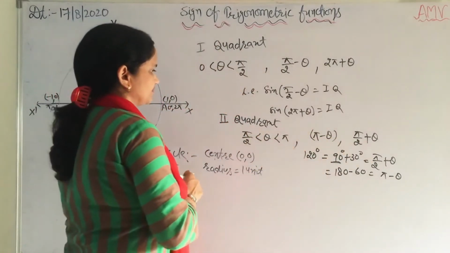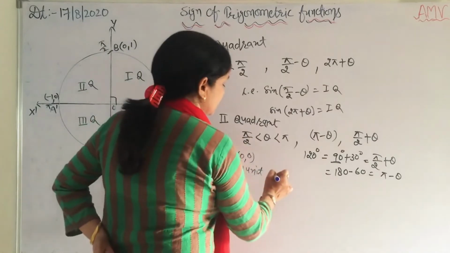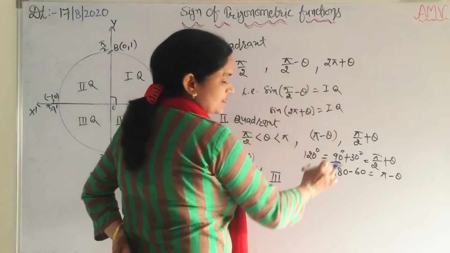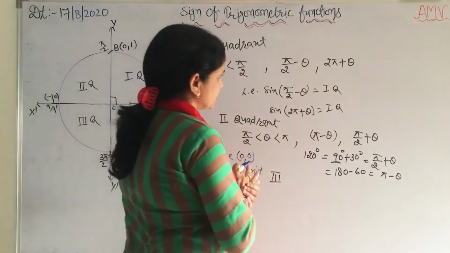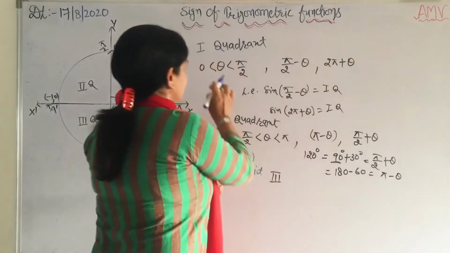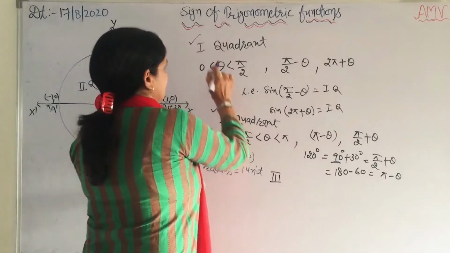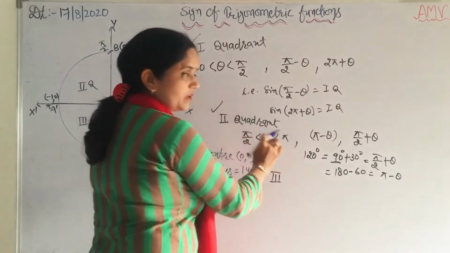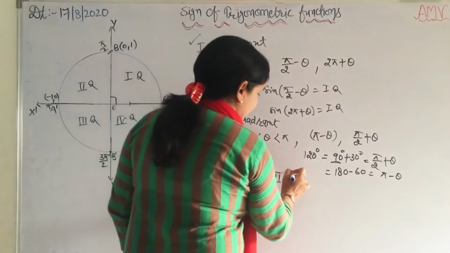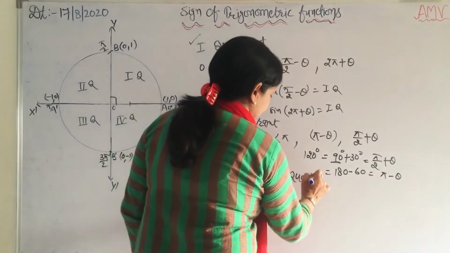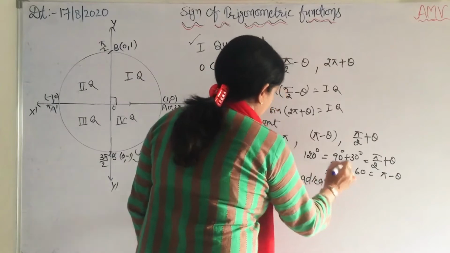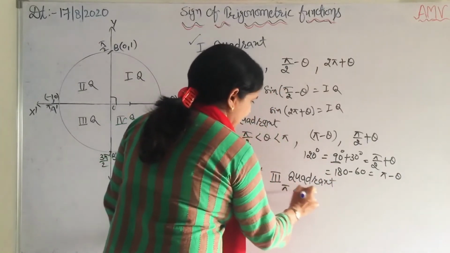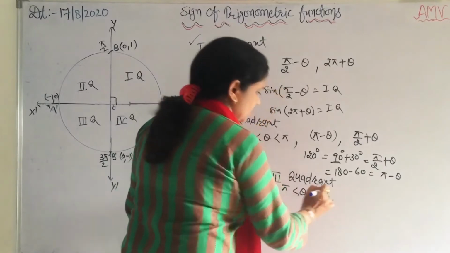And now next, for the third quadrant, I am writing some examples only for your understanding of the concept. You write these points. First quadrant 0 to pi by 2, second quadrant pi by 2 to pi, and the third quadrant is the angle from pi to 3 pi by 2.